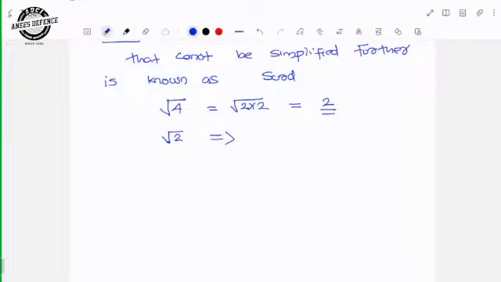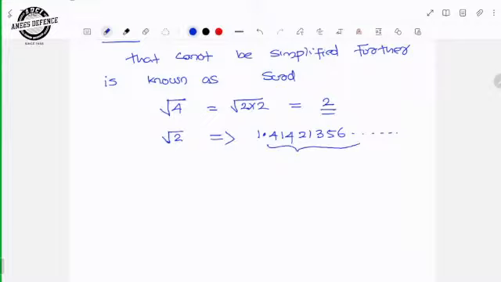What is the actual value of root 2? Root 2 you can write like this: 1.4142135 like that. So here if you observe the decimal places, the decimal values are coming randomly.